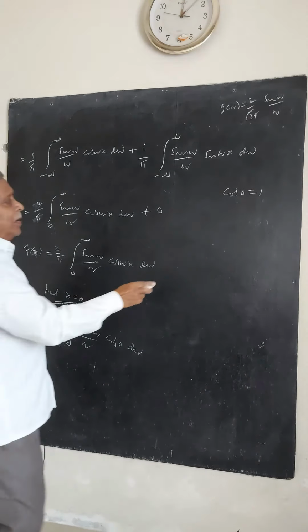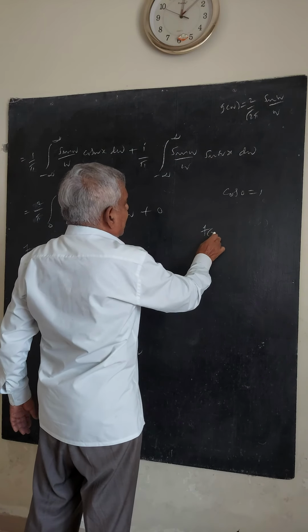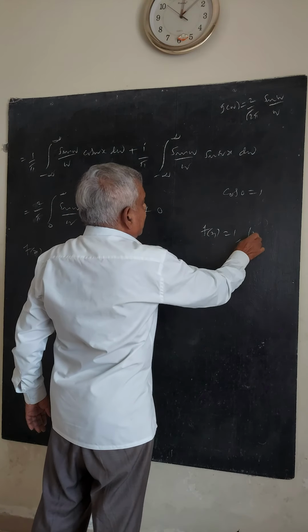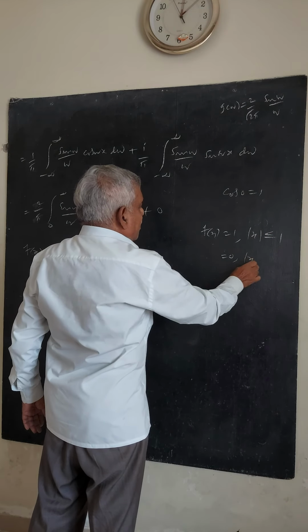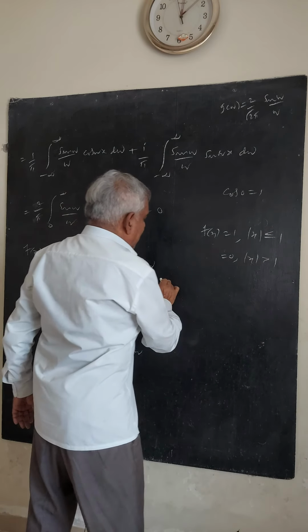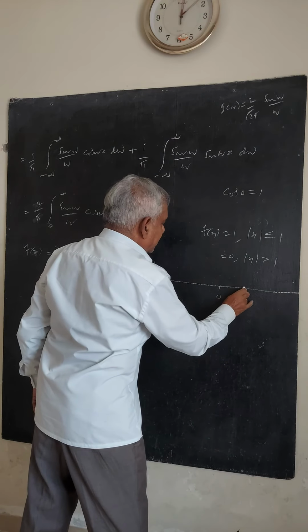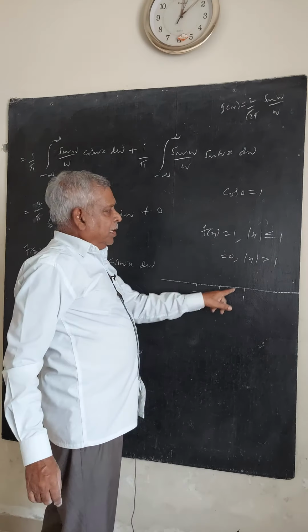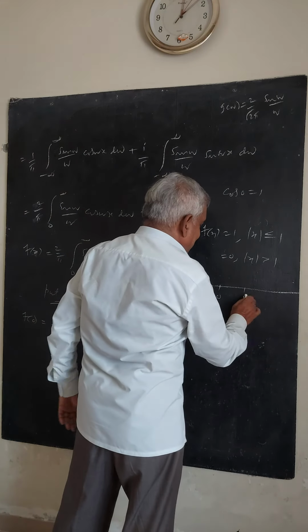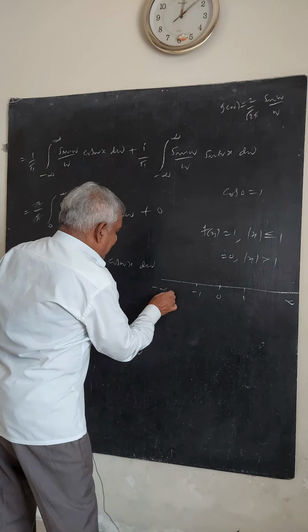Initially, we have to see the sums. What is given? F of x is 1 for modulus of x less than or equal to 1, and 0 for modulus of x greater than 1. Writing the line 0, 1, minus 1: this denotes minus 1 to 1, and this denotes the remaining areas, 1 to infinity and minus infinity to minus 1.